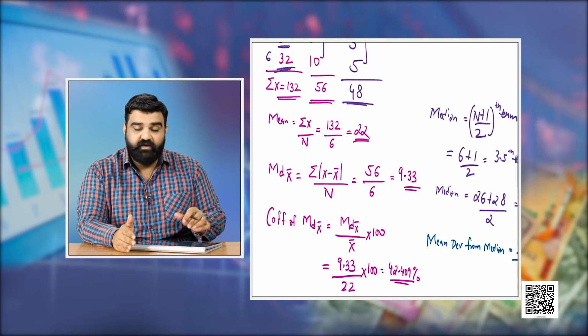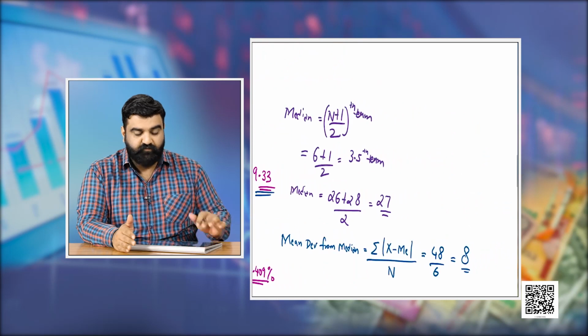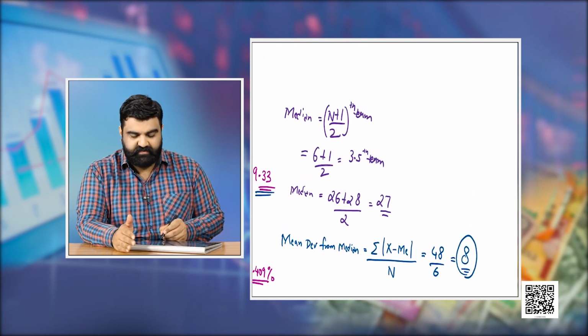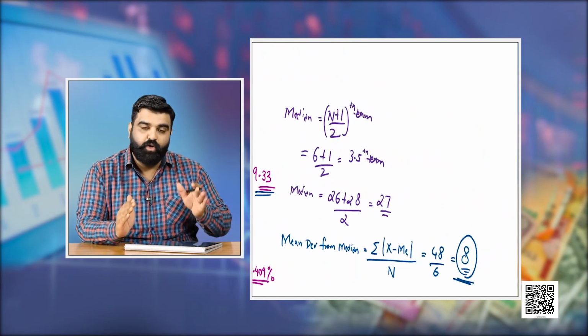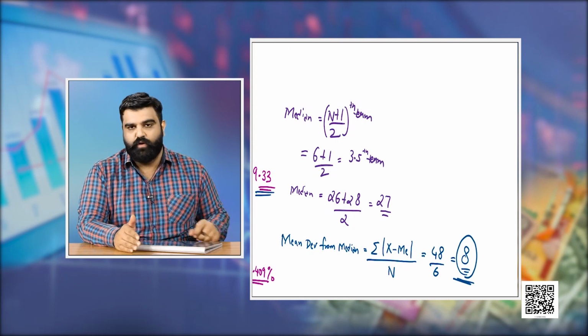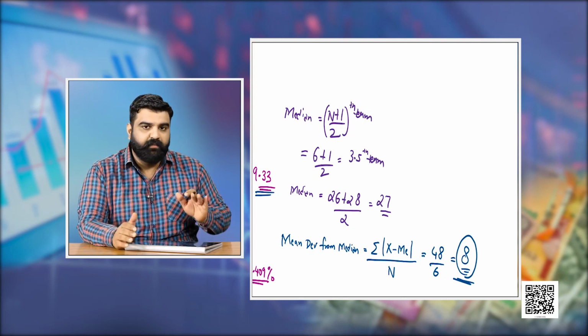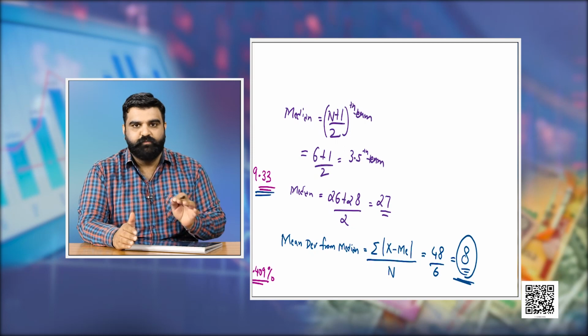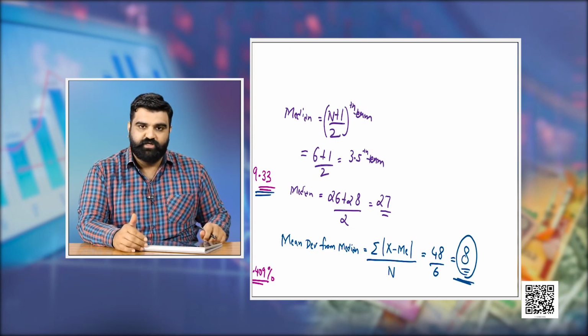So, always prefer median over mean, because the mean deviation from median is always the lowest. So, let us compare. The mean deviation from mean was 9.33, but the mean deviation from median is 8, hence it is lower and it gives a lower deviation from a central value. Hence, median is always preferred over mean when calculating mean deviation.